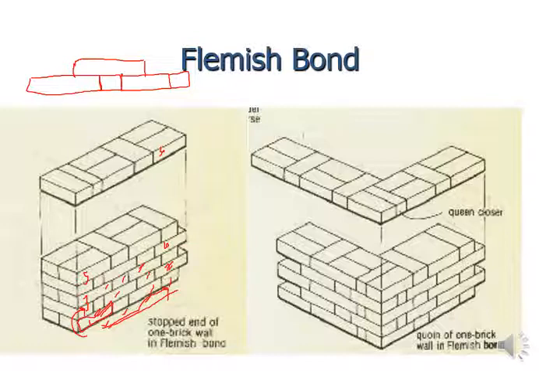So what does it mean? That this complete 4.5 dimension will be just above that. What is left? 2.25 on this side and 2.25 on the other side. Okay, then 7.75 left for this stretcher. You are placing another header over here. Okay, so this will be 4.5.